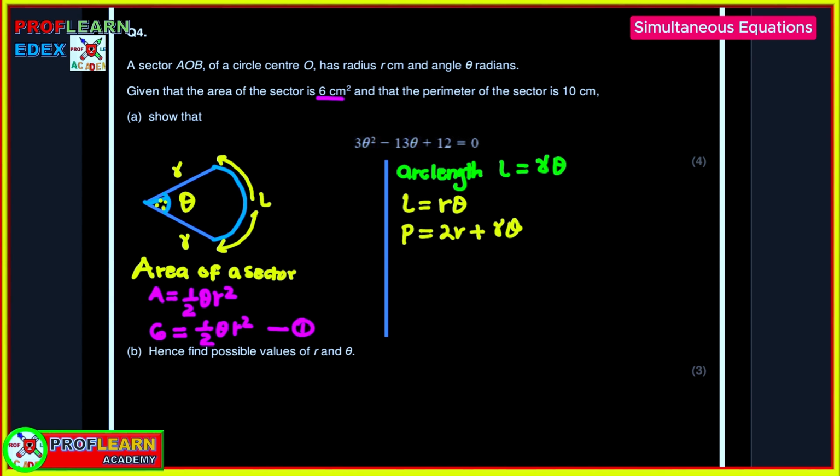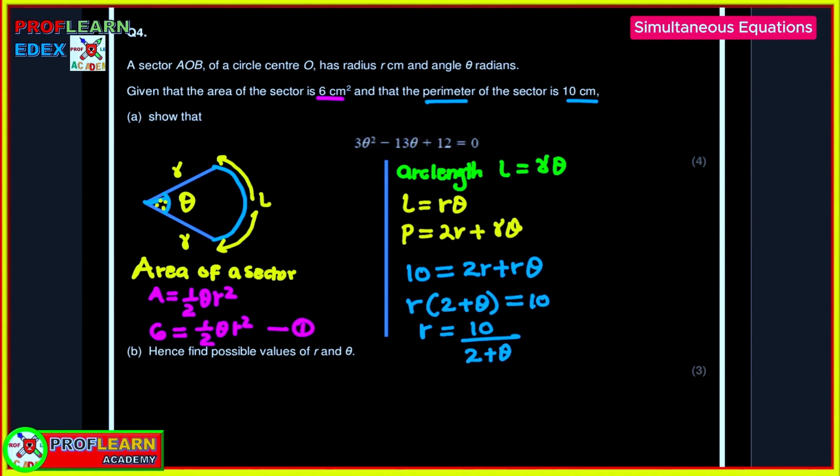Now, once we have done this, we can substitute p with 10 and then make r the subject of the formula, so that once we find r in terms of theta, we can substitute it in the first equation, so that we can form an equation in terms of theta only.